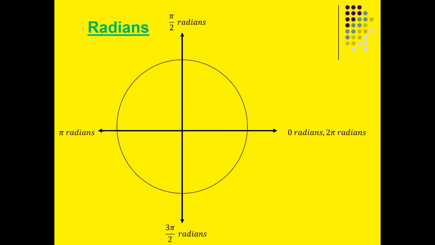As you can see here in our unit circle, we have here the radian. This is our initial value. One complete revolution is equivalent to 2 pi radians. Half of it is pi radians. Then half of pi is pi over 2.